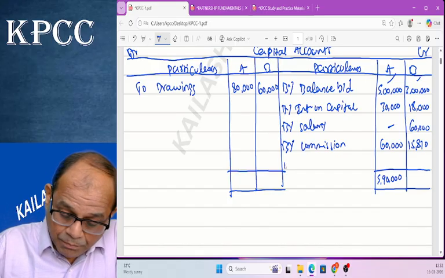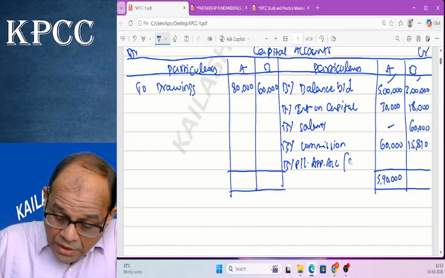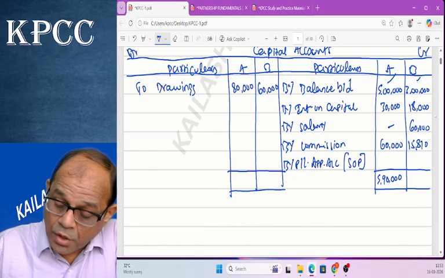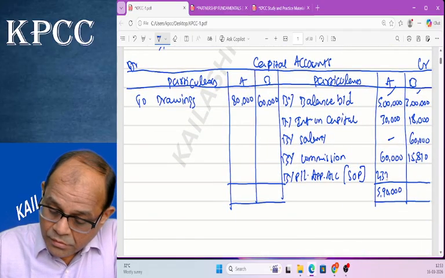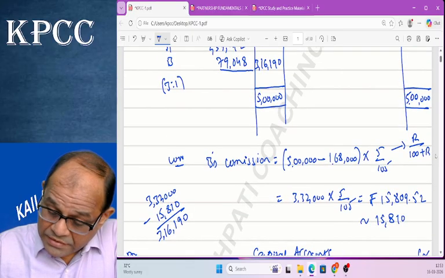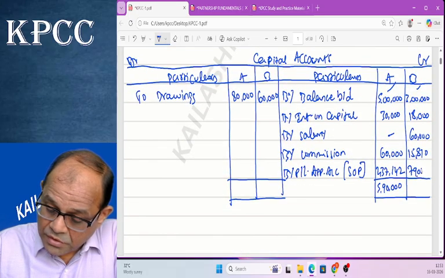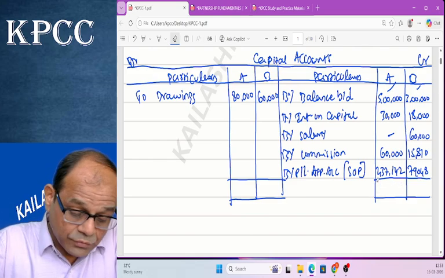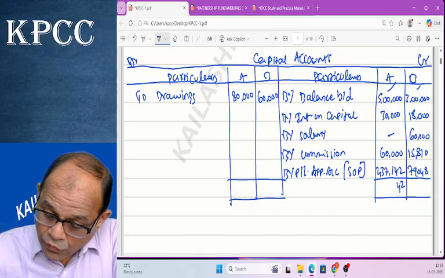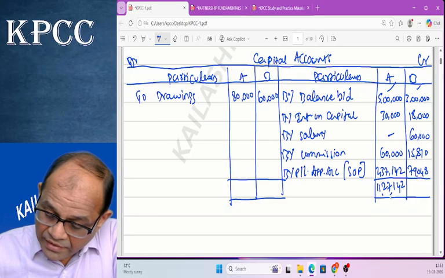And one more item we forgot: by profit and loss appropriation account, share of profit. What are the amounts, my dears? 2,37,142 and 79,048. So this total I have to change. What is the total? 11 lakh 27,142.